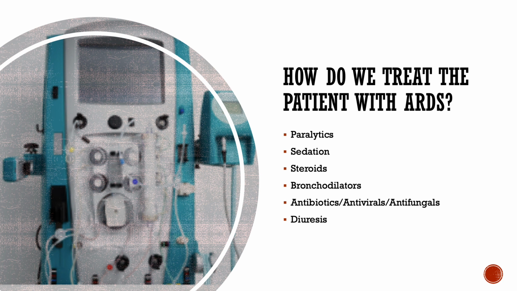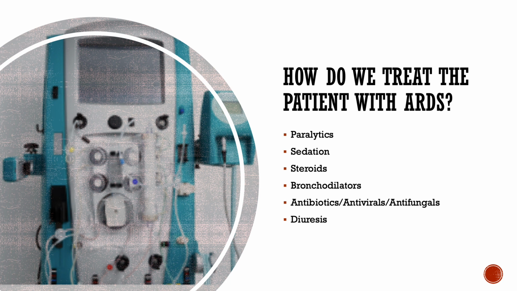Steroids, so this is an inflammatory process. Steroids are to reduce inflammation, so they're essential for management of the patient. Typically Solu-Medrol. Bronchodilators, so albuterol would help with this. And then what is the cause? Is it aspiration?